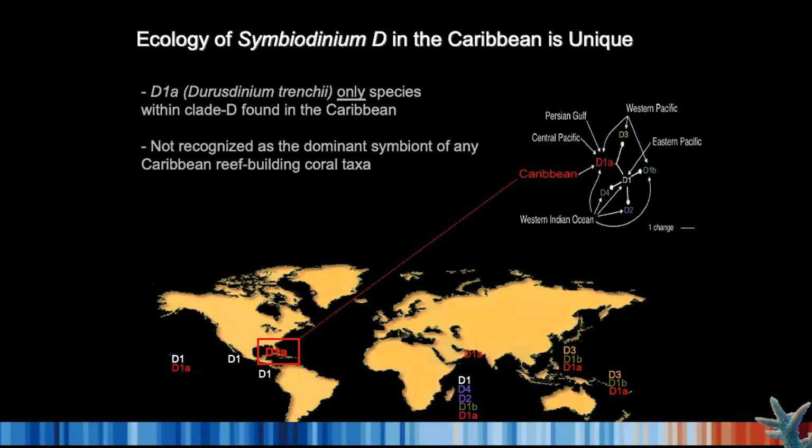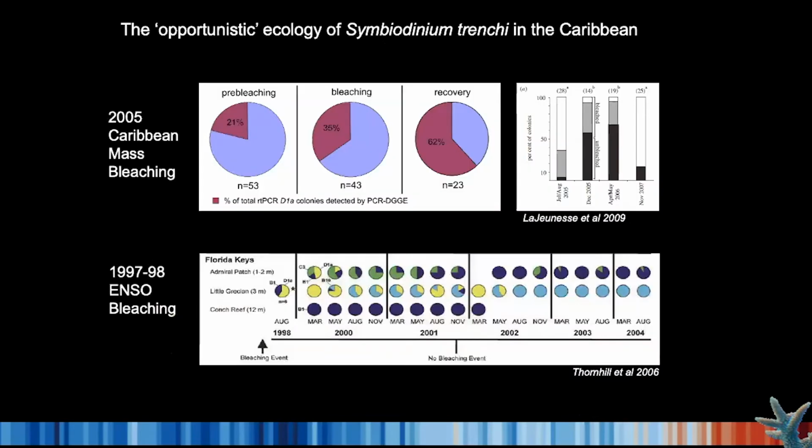And this is what was seen in Florida after the 97-98 El Nino. We saw this rise and fall of trenchi over about 2 years. And we went back 2 years after the Barbados bleaching event, and most of those colonies had reverted back to their normal symbiont populations. But we did find that D1A can become opportunistically dominant during a stress event.